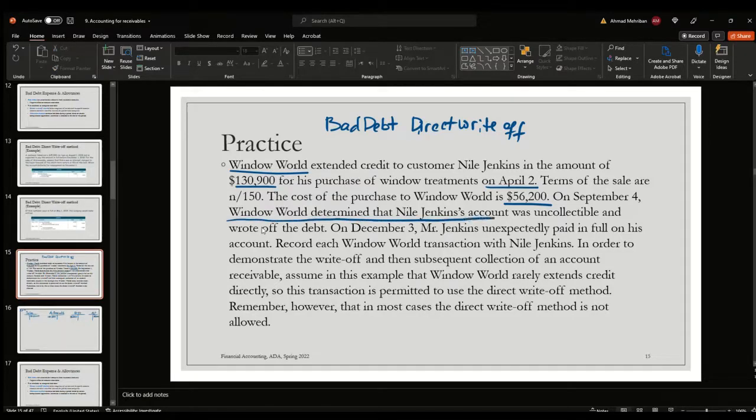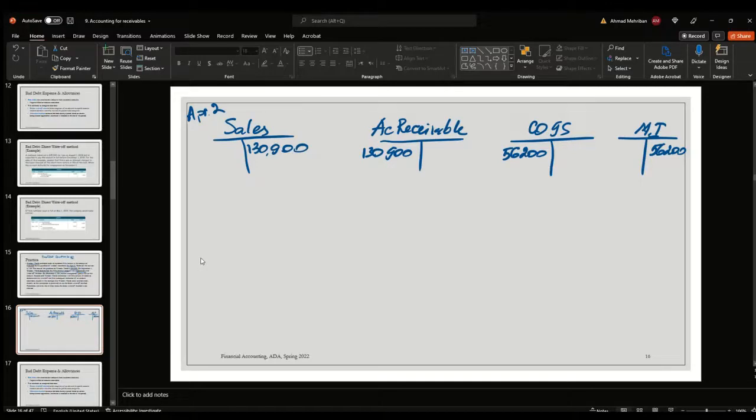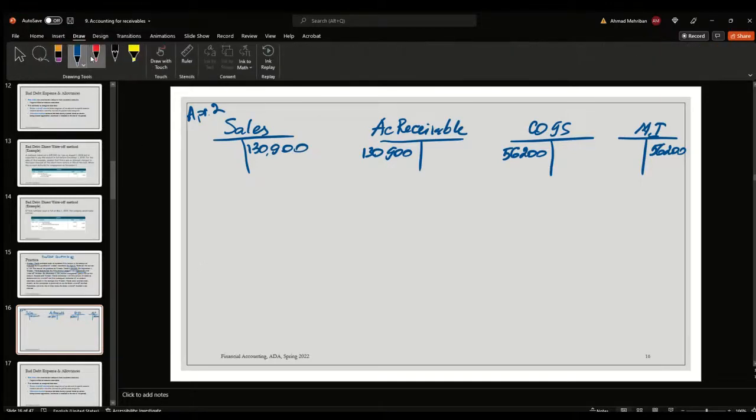Jenkins' account was uncollectible, and he writes off the debt immediately. So we immediately write off the debt, and this is how we make that entry: bad debt expense account is going to increase in full amount, 130,900, and accounts receivable is going to be written off through the credit side.